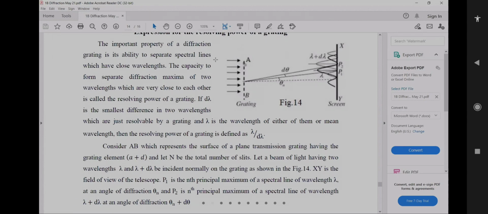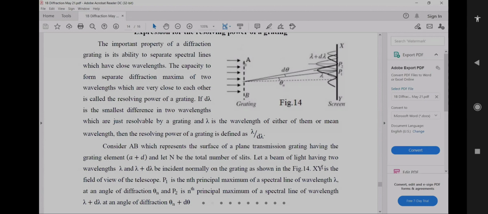Here a is the width of the transparent slit, and d is the width of the opaque slit. Both together are called the grating element, that is a plus d, and let capital N be the total number of slits.